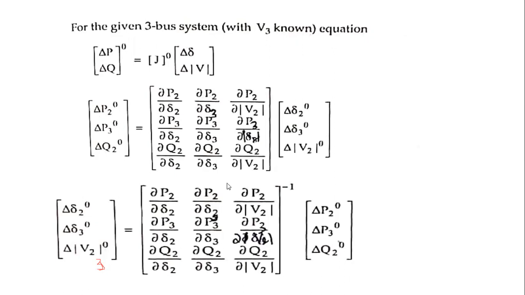Then we form delta delta 2 naught, delta delta 3 naught, delta V3 naught equal to the inverse of this matrix times these powers.